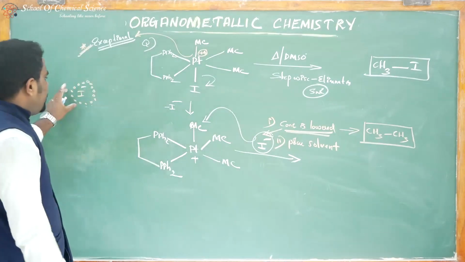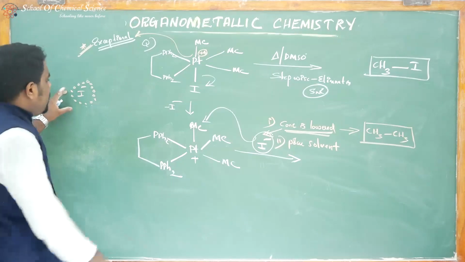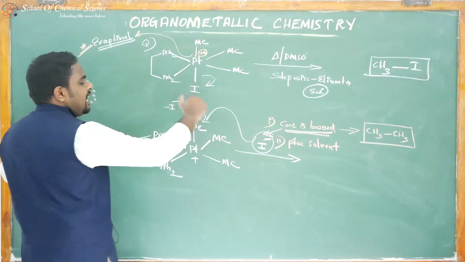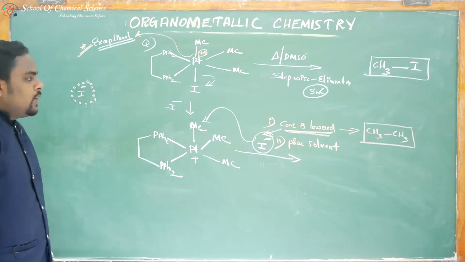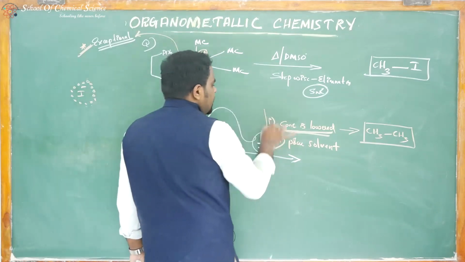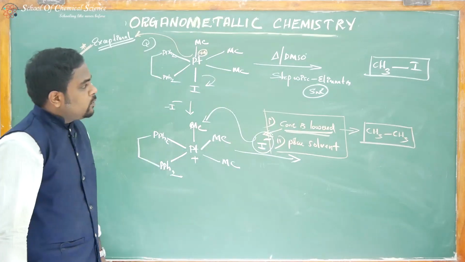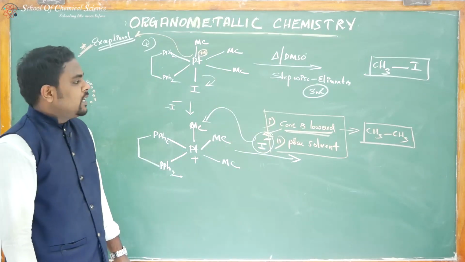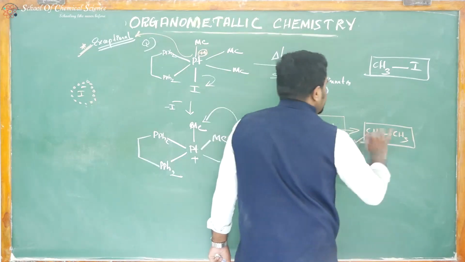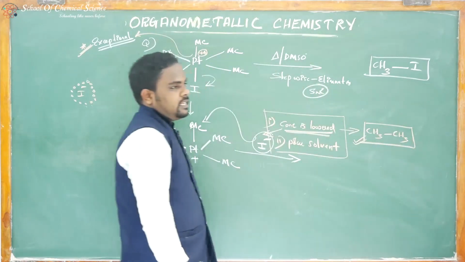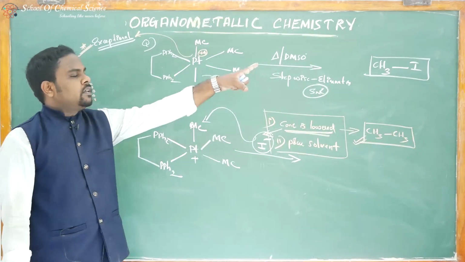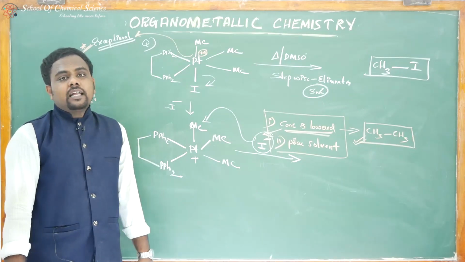As a result of solvation, it is not possible for the I minus to attack the methyl group. Clear? So if you intentionally lower the concentration of I minus, or if you are using a polar solvent, then your product will be the usual product CH3CH3. Otherwise your product will be methyl iodide.